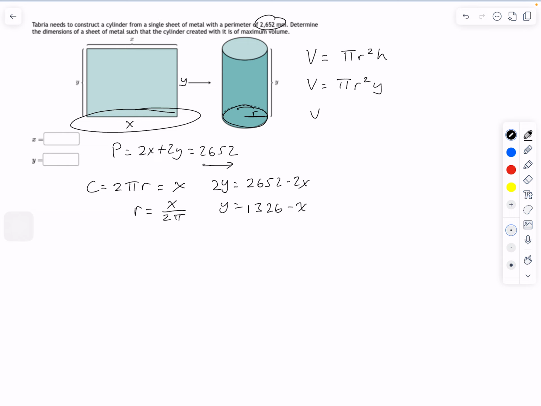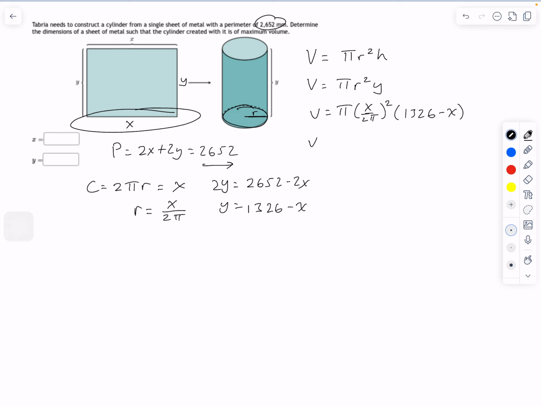So our volume equation is going to be pi times r, where r is x over 2 pi, squared, and our y value is going to be 1326 minus x. All right, so we wrote everything in one variable, and let's go ahead and take the derivative. The way we maximize an equation is by taking the derivative and setting it equal to 0, looking for critical points.